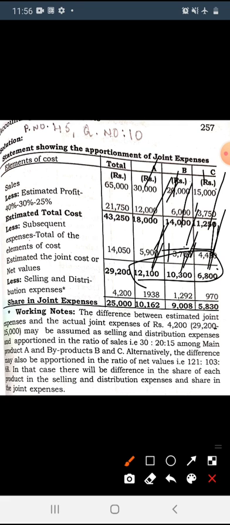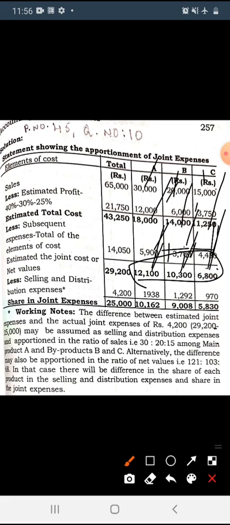The total is 29,200. Now 29,200 here, but estimated only 25,000. So the difference is the extra expenses we have to assume, and we consider them as selling and distribution expenses.